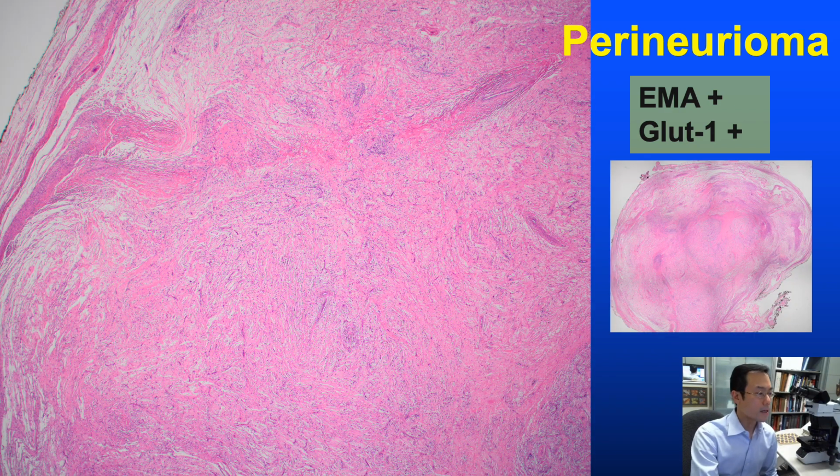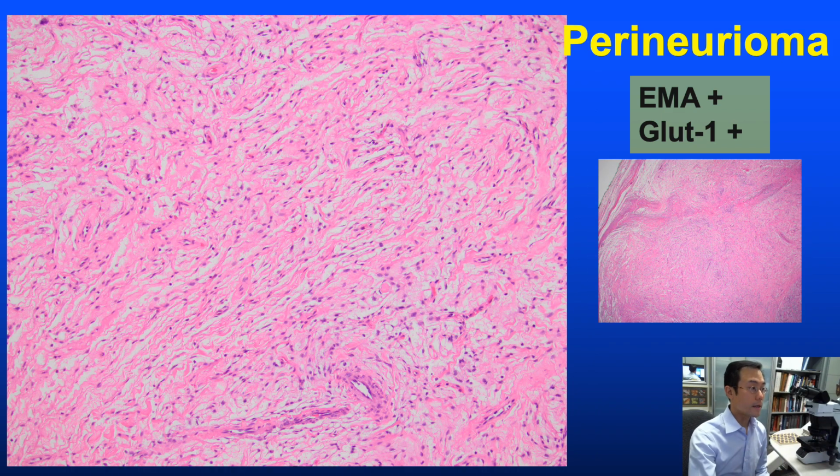At median magnification of this well-circumscribed but non-encapsulated tumor, we can see relatively thin collagen fibers of varying density, some areas compact, others more loose, with lots of small intervening blood vessels.